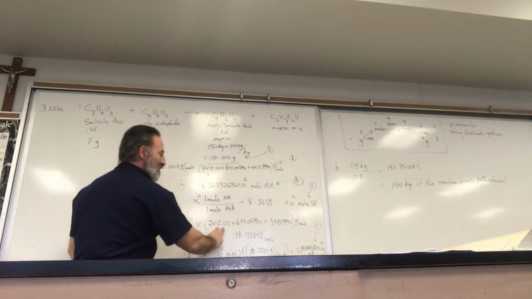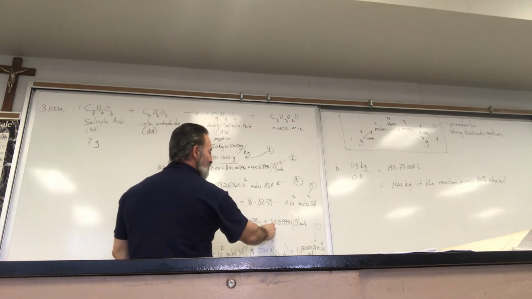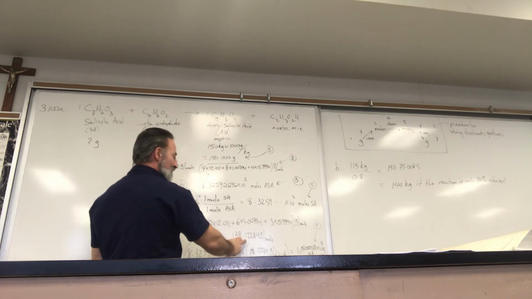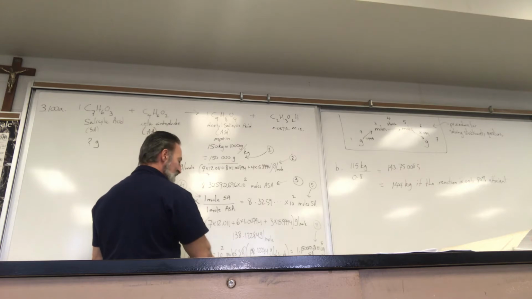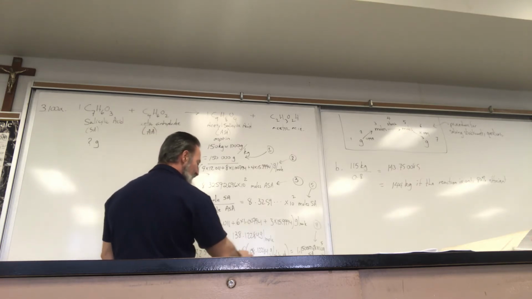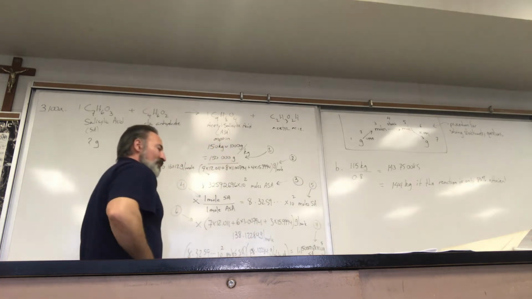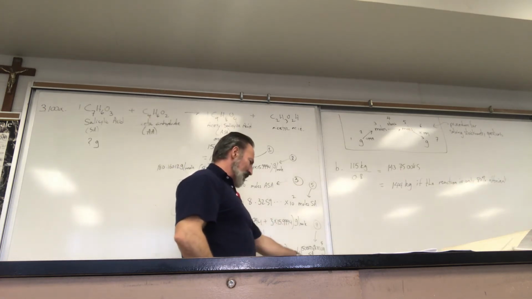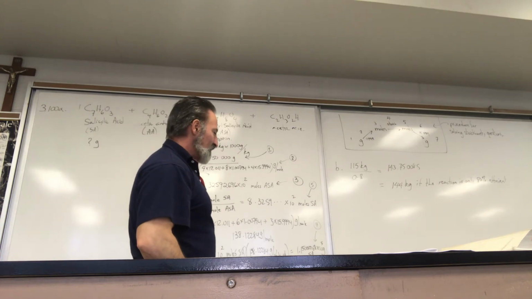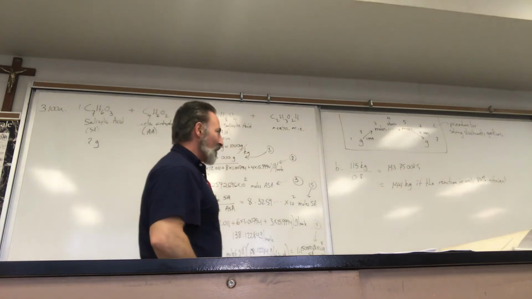So 7 times the mass of carbon, 6 times the mass of hydrogen, 3 times the mass of oxygen is going to give you a molar mass of 138, which you then multiply by the number of moles of salicylic acid. So 832 moles of salicylic acid, at 138 grams per mole, gives you 1.15 times 10 to the 5 grams of salicylic acid, and then we convert it back to kilograms. It gives us 115 kilograms. We're only allowed 3 significant figures in our answer, so that's what we report.